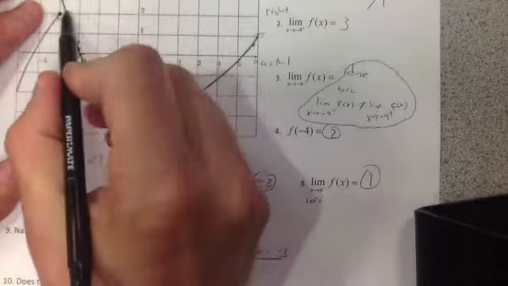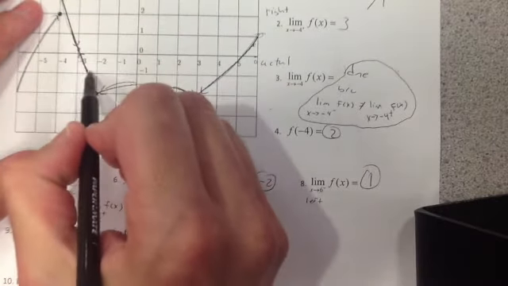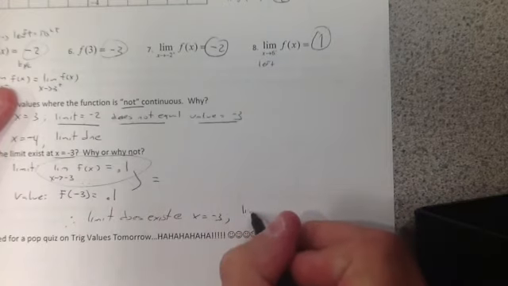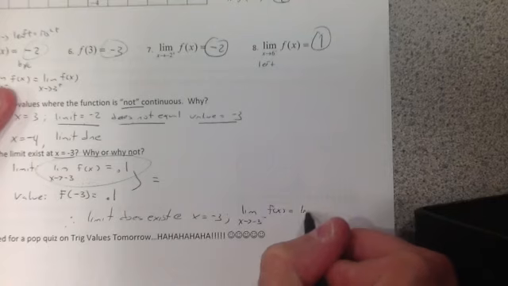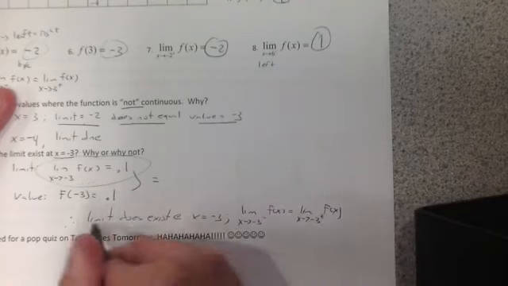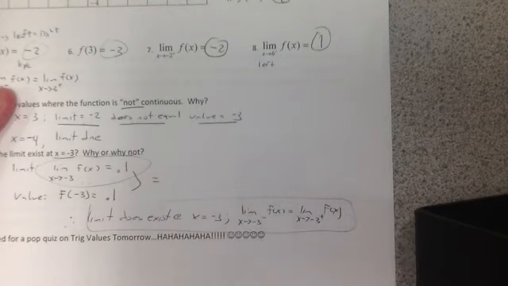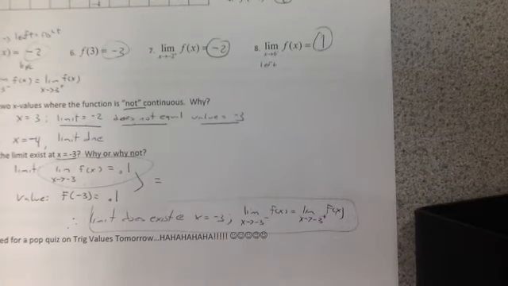Let's go for a formal definition now. The limit as x approaches -3 from the left equals the limit as x approaches -3 from the right. And there's our reason. It's kind of a lengthy reason, but that's why we don't have to do these too much.